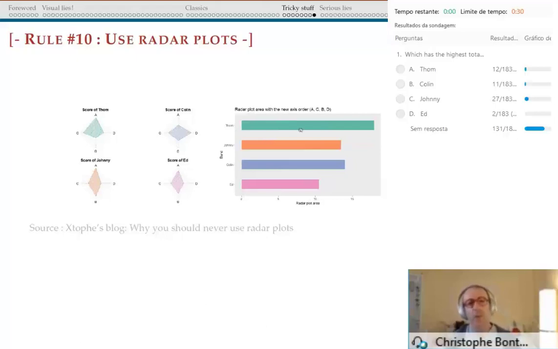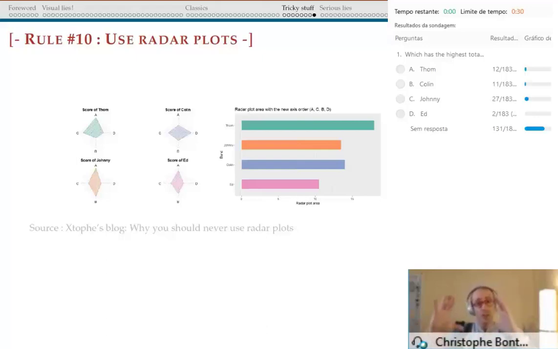So when you use a radar plot and you choose your order because it's ABCD, and ABCD has no meaning, then the choice has an importance on how you will perceive the surface. So it's very dangerous. And this type of radar plot is used to compare the performance of cameras, TVs, or whatever.